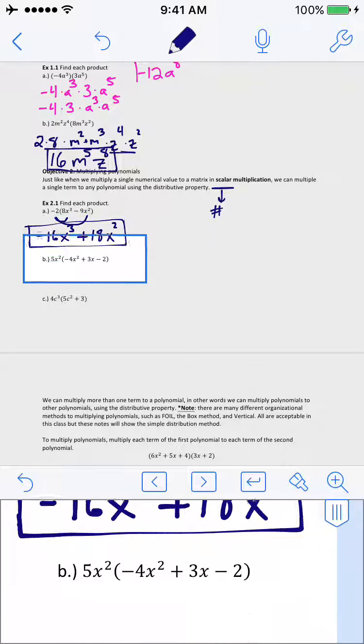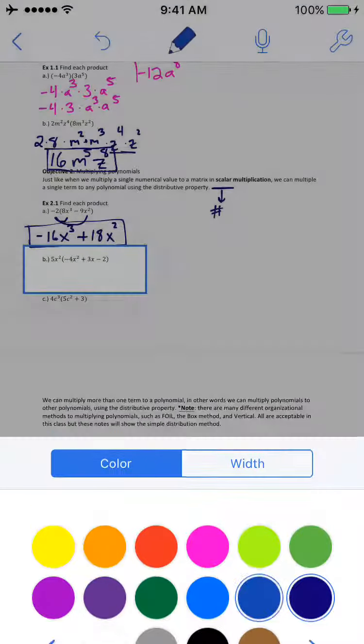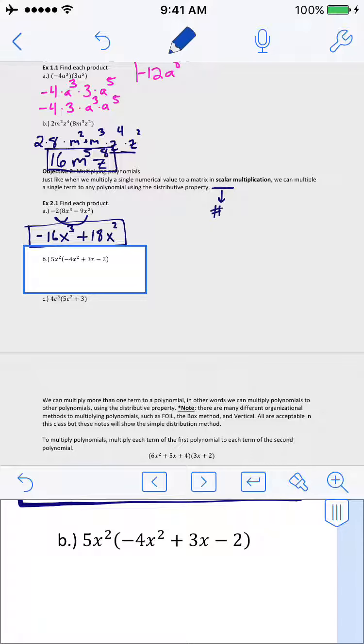Degree means highest power. Binomial means 2 terms. Awesome. Let's do the same thing with a monomial now. Instead of a scalar number, just a monomial. But again, distribution property. That's all this boils down to. So let's distribute that guy in. Notice I have a monomial times a trinomial now, so I have to multiply it into all 3.